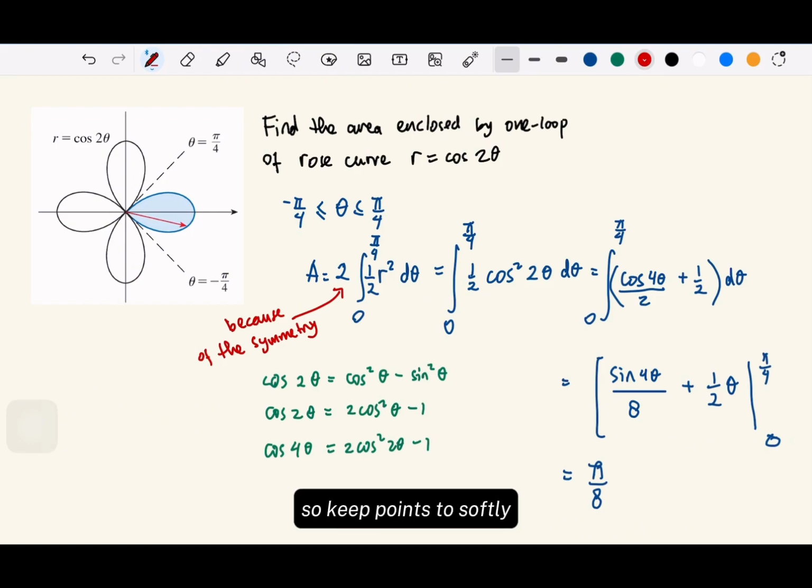So key points to solve this integral, aside from using the polar, is using the double angle to remove the square on the trigonometric. For trigonometric sine or cosine, we need to remove that, and the best way is using the double angle.